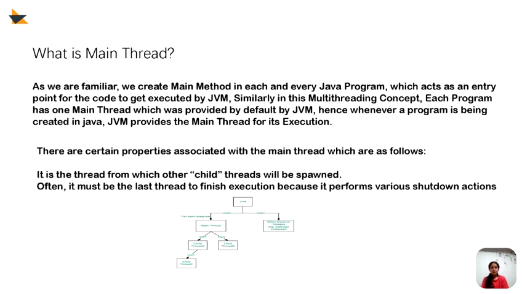Hence, whenever a program is created in Java, the JVM provides the main thread for its execution. There are certain properties associated with the main thread. It is the thread from which other child threads will be spawned. Often, it must be the last thread to finish execution because it performs various shutdown actions.